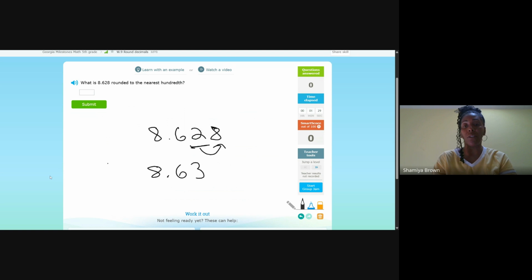So the 8 would turn to a 0. And since I'm dealing with decimals, if I have a 0 after that last place number represented, then that 0 doesn't even have to be there. So my answer would just be 8 and 63 hundredths.